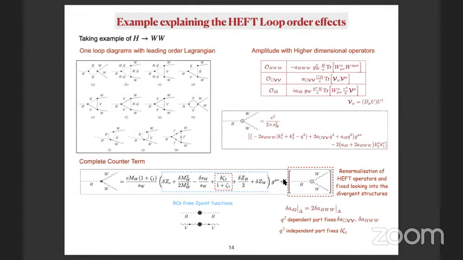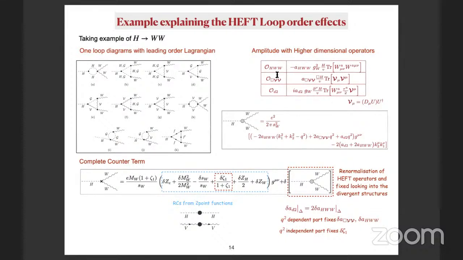Okay, so to give you an idea of how this one loop computation is done, I'm going to give you a very simple example of Higgs to WW. On the left is the list of the one loop diagrams which appear for the computation of H to WW. In order to get rid of the divergences, as I said, we need higher dimensional operators as well.